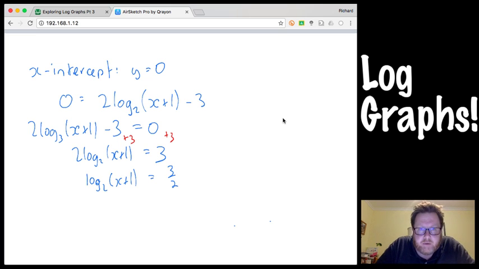Now I'll leave it there for a second, and I will just say that it's really important to know that you cannot divide by x plus 1, or you can't divide by log base 2, or something funny like that. The x plus 1 in here is an input to a log function.